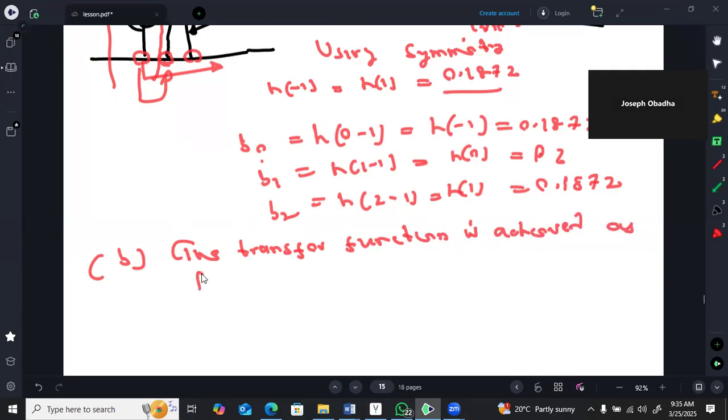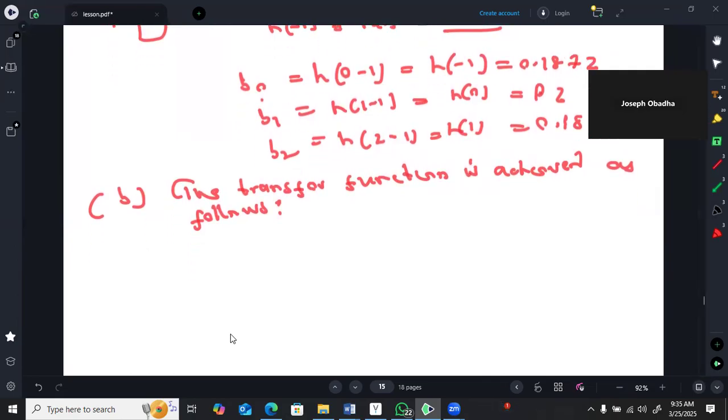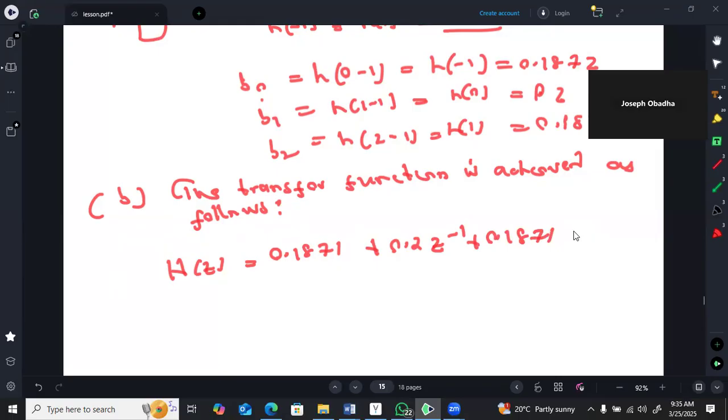The transfer function is achieved as follows. I have H of z equal to 0.1871, which is the b naught, plus 0.2 z to the minus 1 plus 0.1871 z to the minus 2. So that is it.